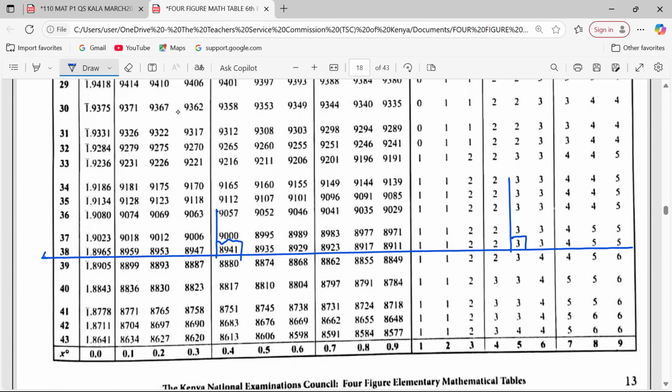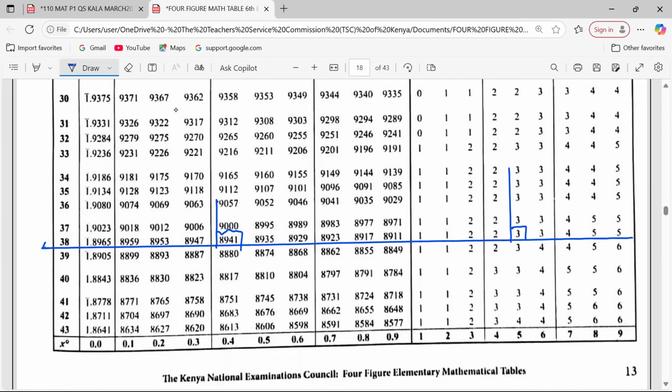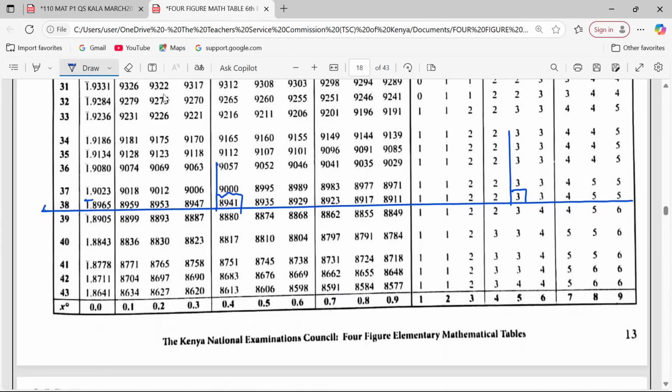So when we pick, it's good to also notice that we are beginning everything with bar 1 point. This is bar 1, not 1. In some of the cases, it is not very clear. So we are starting with bar 1.8941, and we subtract 3.